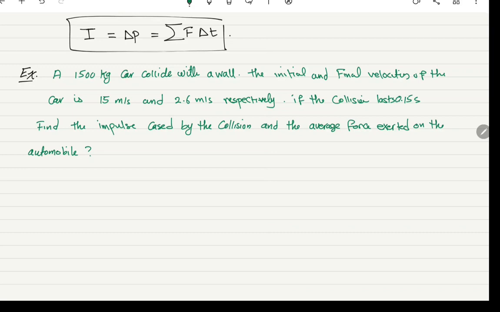Now we have here a car moving this way with initial velocity minus 15 meters per second. After the collision, the car will move this way with velocity equal to 2.6 meters per second. So this is before and this is after.